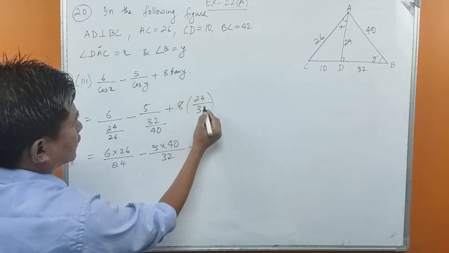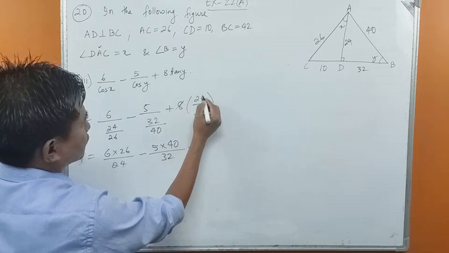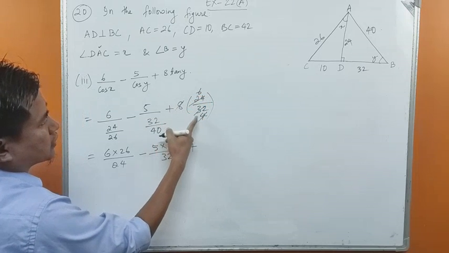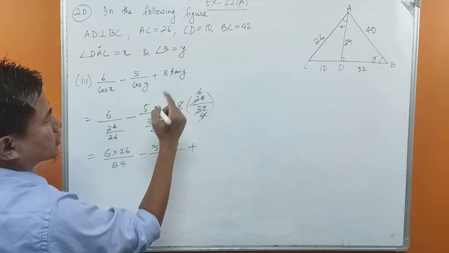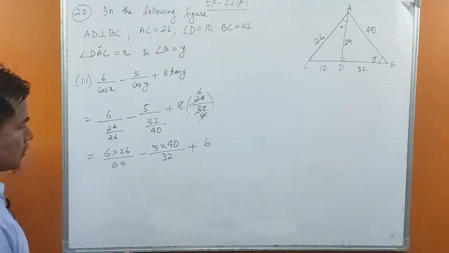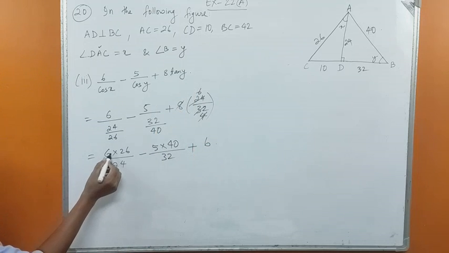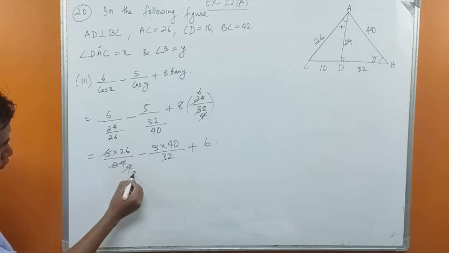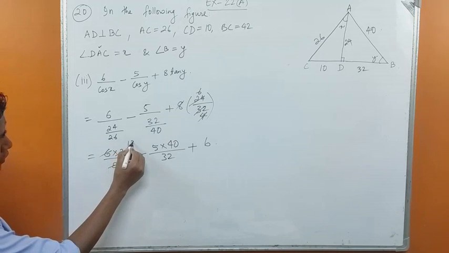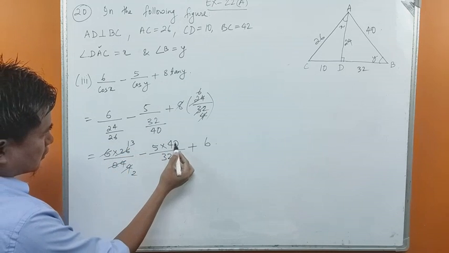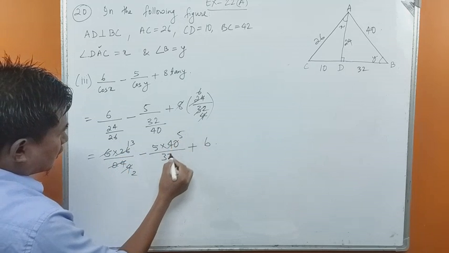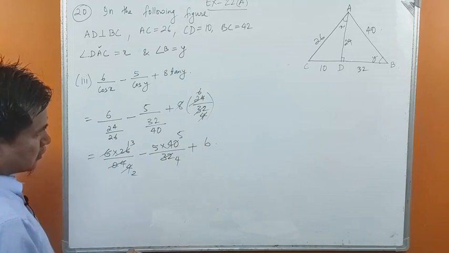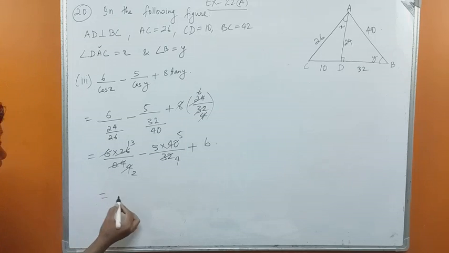Let me cancel this. 8 4s are 32, 4 1s are 4, 4 6s are 24. 8 1s are 8, 8 4s are 32, 4 1s are 4, 4 6s are 24, 6, isn't it? So let us cancel this also. 6 1s are 6, 6 4s are 24. 2 2s are 4, 2 13s are 26. Now let us cancel this. 8 5s are 40, 8 4s are 32, isn't it? Now we cannot cancel further.